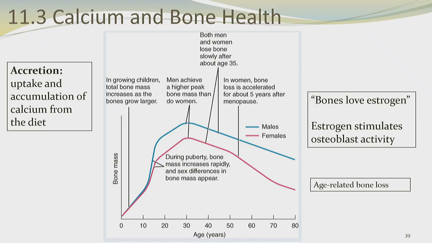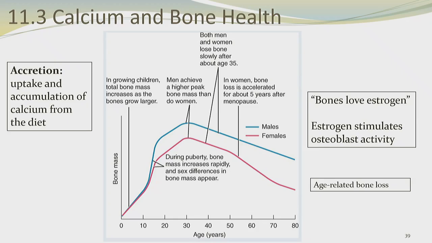So men do make some estrogen from testosterone, and testosterone levels decline gradually with age in men. Estrogen in females is produced by the ovaries, and these ovaries cease to function at about age 50. So for several years after menopause, the absence of estrogen is what is responsible for the dramatic decline in bone mass, although this does eventually stabilize.